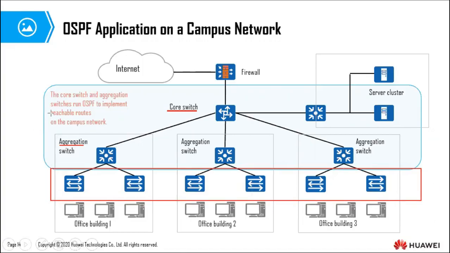So normally, the core switch and the aggregation switches will run OSPF to implement reachable routes on the campus network. So it is between the core and the aggregation layer where we configure OSPF so that we can interconnect these different networks, right? Because you see, we are interconnecting them with different layer 3 devices and interfaces, right?